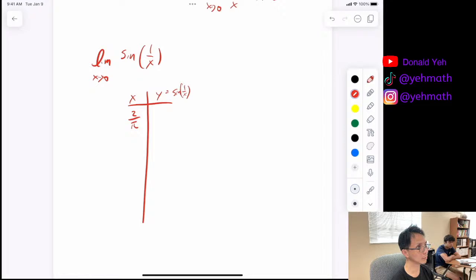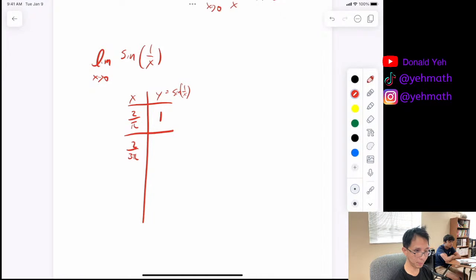Oh, it's 1. 1 is good. Okay. So remember, we want to approach 0, right? So the second value I'm going to plug in is going to be 2 over 3 pi.